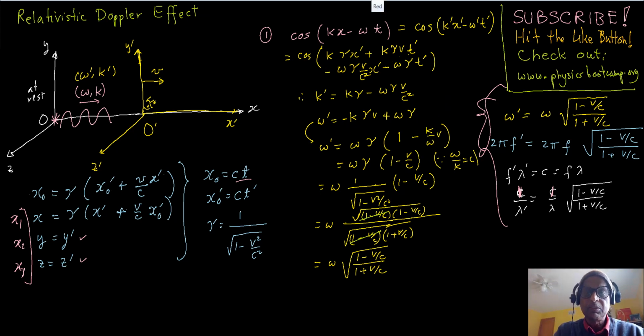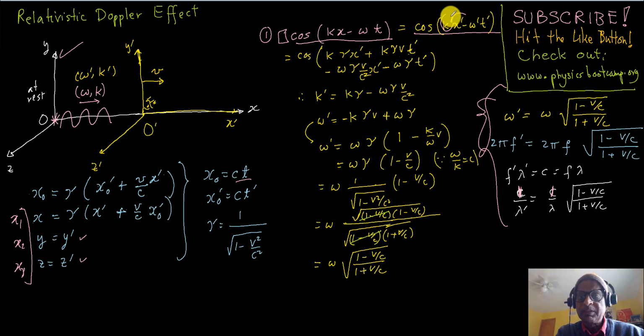What I did was, in the original frame, the wave will look like this with some amplitude which I'm just ignoring, and in the moving frame the wave will look like this. After all, this is just a plane wave. Then to figure out the relation of this with k and omega, and of this with k prime and omega prime, we can just substitute for x prime and t prime from the things we know.